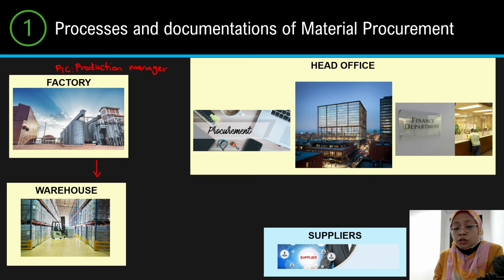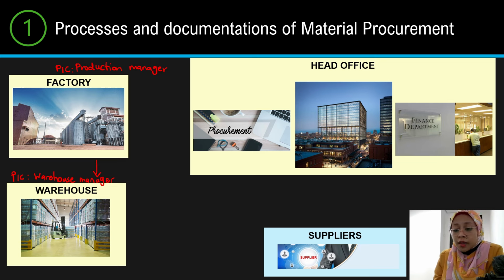In a warehouse, there is a person in charge as well, a warehouse manager. The warehouse manager's job is to take care of the items in the warehouse, make sure that the items are ever ready, and transfer them to the production department.